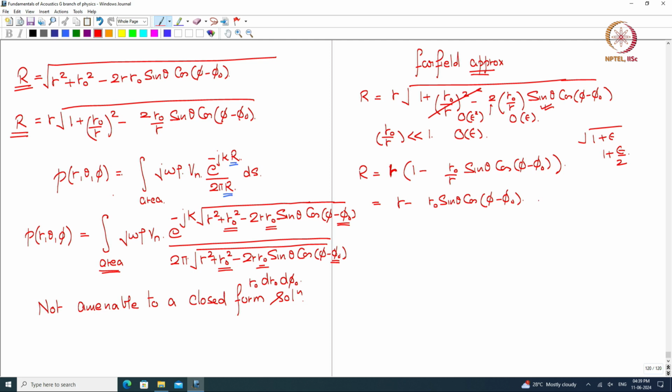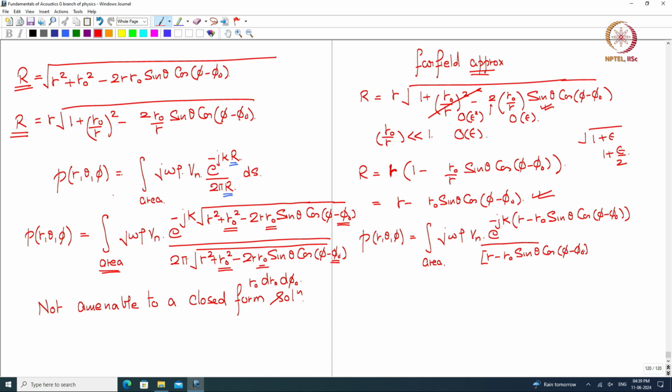So now if I use this in the Rayleigh integral, what do I get again? I get pressure at (r, theta, phi) given by the integral over the radiator area of j omega rho normal velocity e to the power of minus j k into r, which is now r minus r0 sin theta cos of (phi minus phi 0), divided by r minus r0 sin theta cos of (phi minus phi 0), dr0 r0 d phi 0.